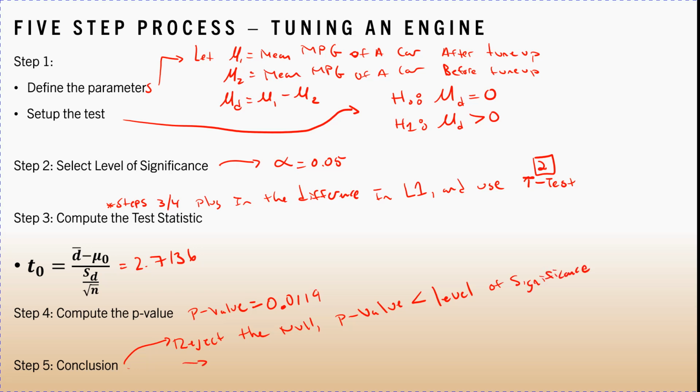And what this means is evidence suggests that on average, it won't happen for every car, as we saw, one car got a tune-up and got worse miles per gallon. So that on average, getting a tune-up improves miles per gallon.